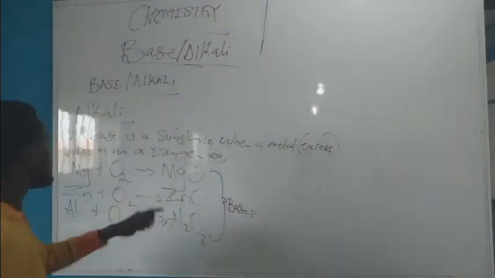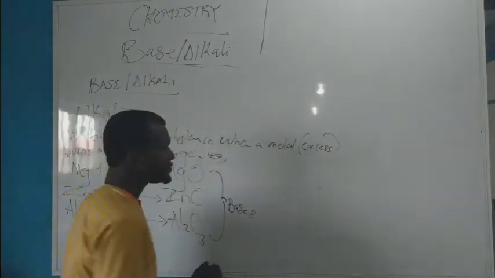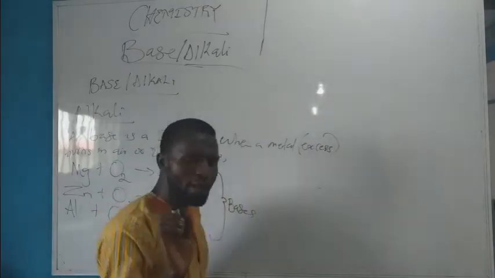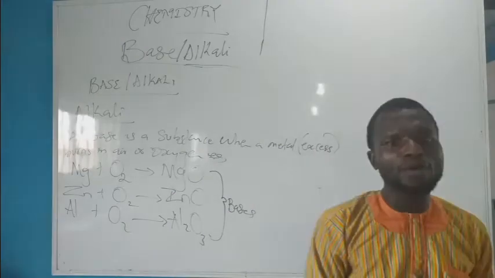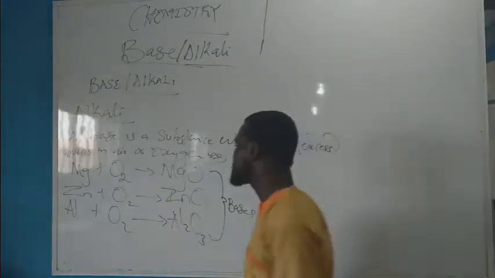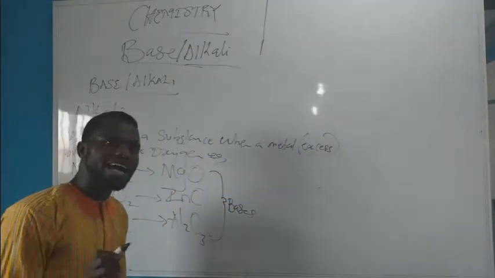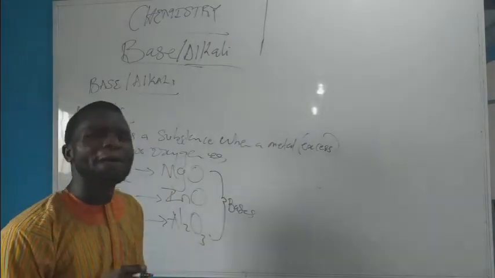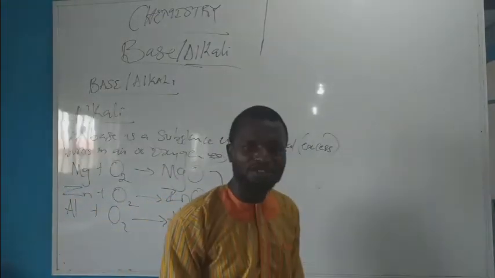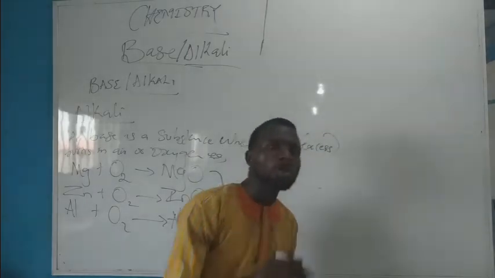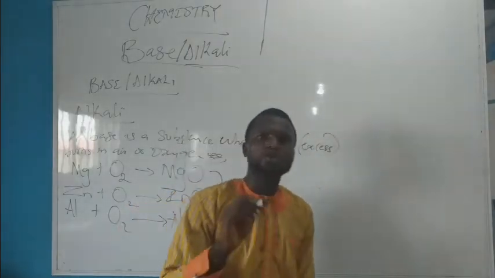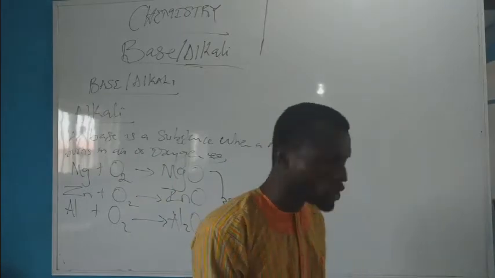Now, note that some bases are not formed by the excess of the metal burning in air or oxygen. For example, sodium oxide is secured by heating sodium nitrite or sodium dioxonitrate(III), or sodium nitrate, IUPAC name sodium trioxonitrate(V), with sodium.